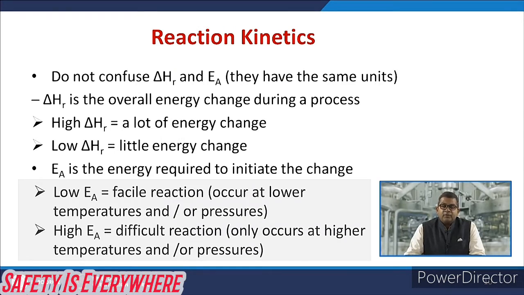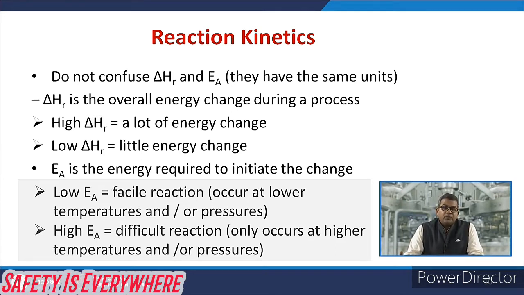Now let us have a brief look at the reaction kinetics, and you must not confuse delta HR and EA. They have the same units. Delta HR, that is the heat of a reaction, is the overall energy change during a process. So with a high heat of reaction there is a lot of energy change, and with a low heat of reaction a small amount of energy change may take place.